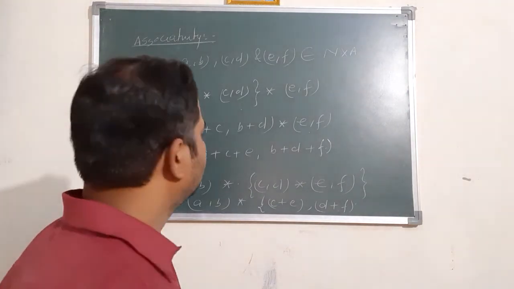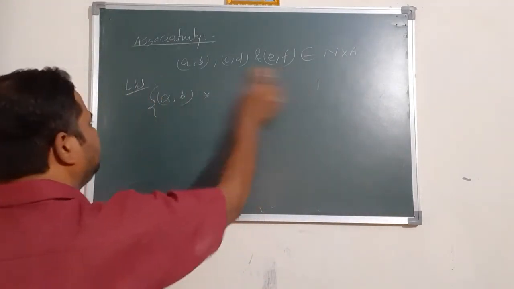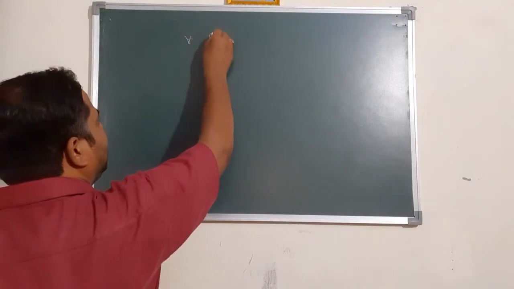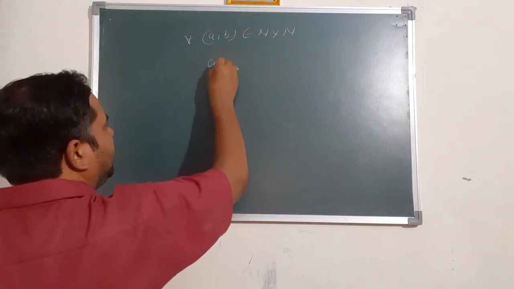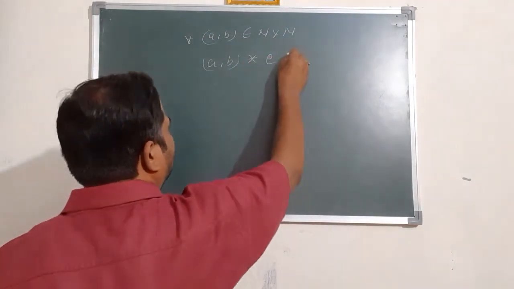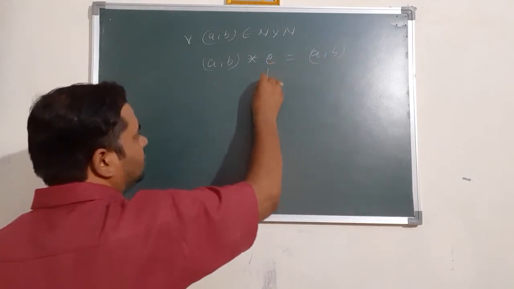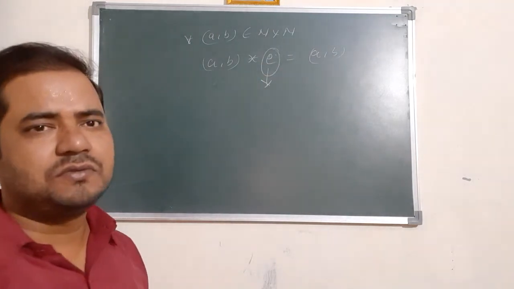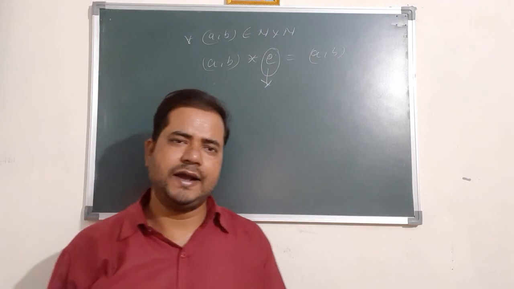For the identity, if we want to find the identity element, then we consider any element (a, b) belonging to N cross N. We need (a, b) star (e) again equal to (a, b). So there is no identity element such that (a, b) star e is equal to (a, b). So there does not exist an identity element.